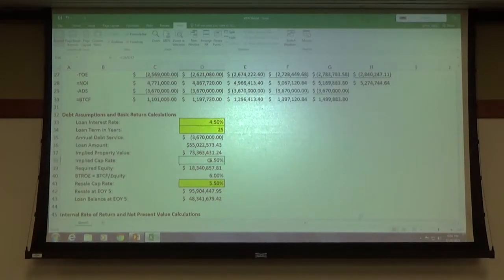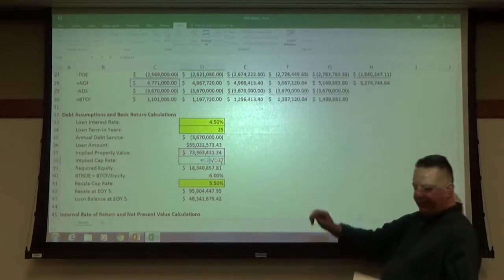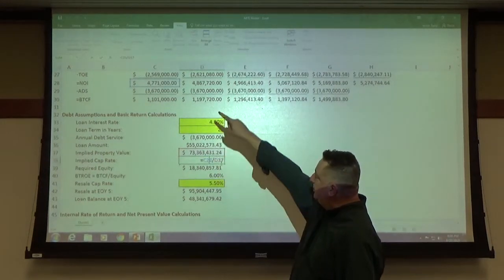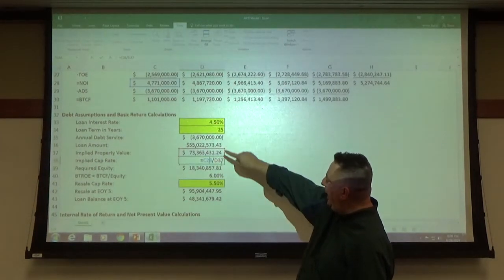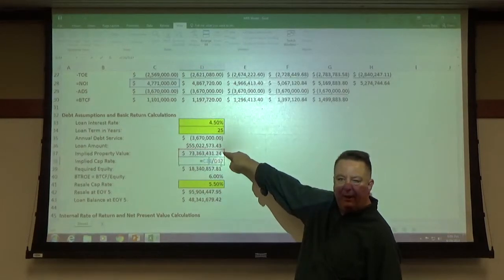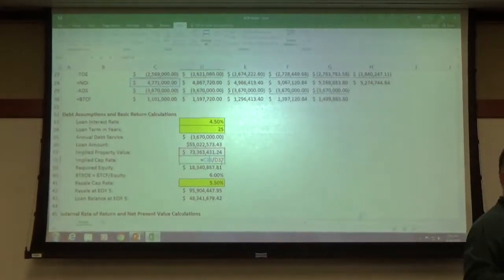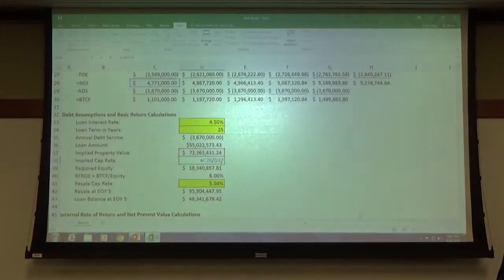Okay, so whenever you blow up that cell, the implied cap rate of 6.5%, whenever you click on that, it blows up two cells, NOI and implied property value. So what it's doing is calculating its own cap rate based upon what that implied value is and what the NOI is off the property, just like we had done previously in the first example we did.